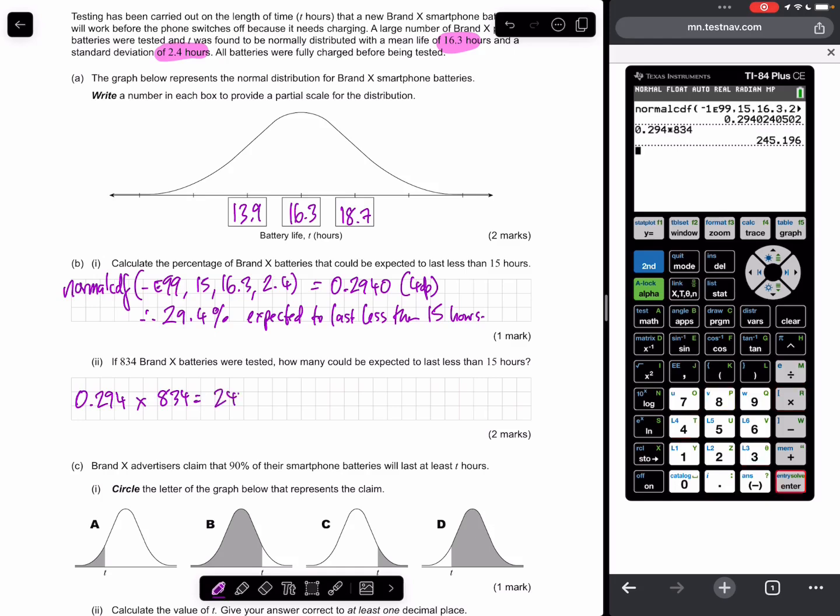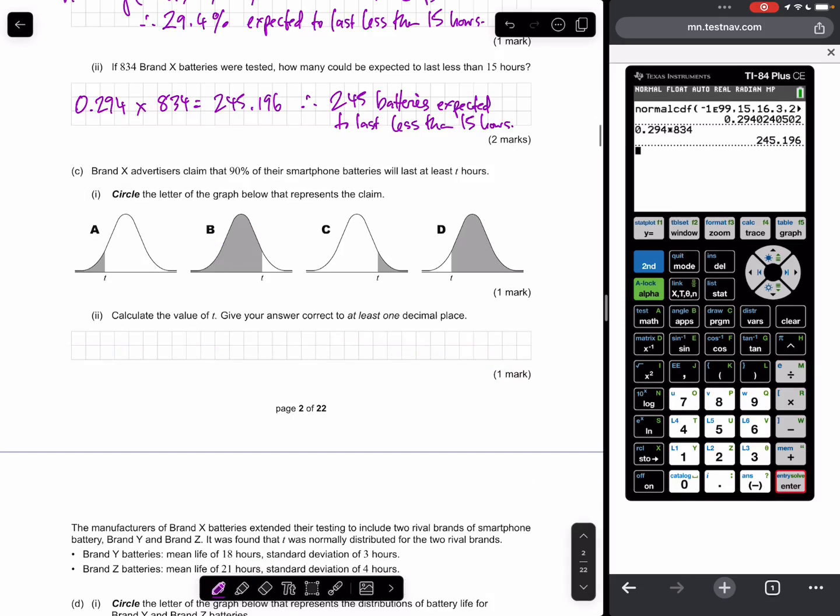We got 245.196, therefore 245 batteries expected to last less than 15 hours.